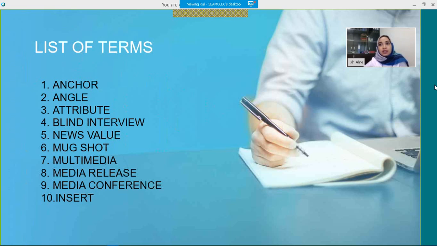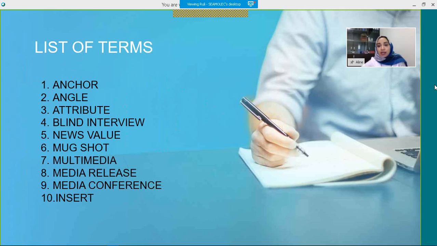It could be economic, how the event contributes to the economy of the city, or maybe you want to choose the angle of culture, how the culture is being performed in that event. There are many angles in one event that you can choose to highlight and develop as your news.